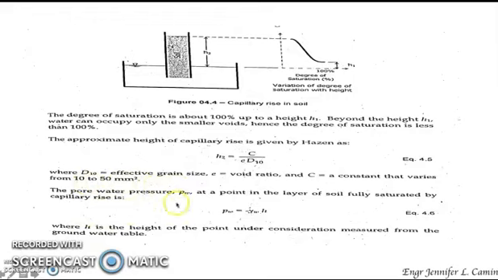The pore water pressure at a point in the layer of soil fully saturated by capillary rise is given by this equation. Within the soil layer that is saturated by the capillary rise, the pore water pressure is negative: the unit weight of the water times h, which is the height of the point under consideration, measured from the groundwater table.